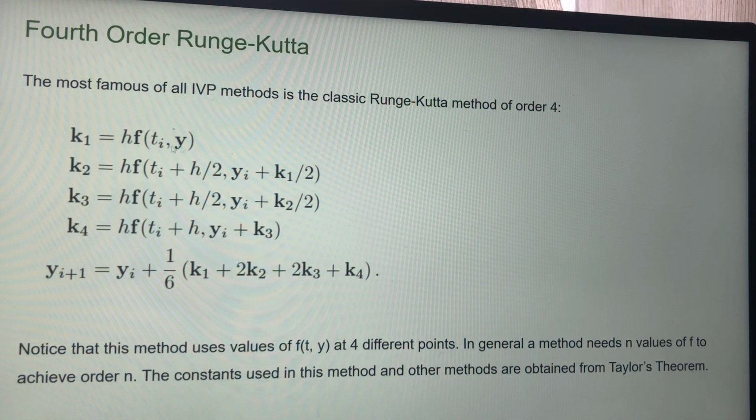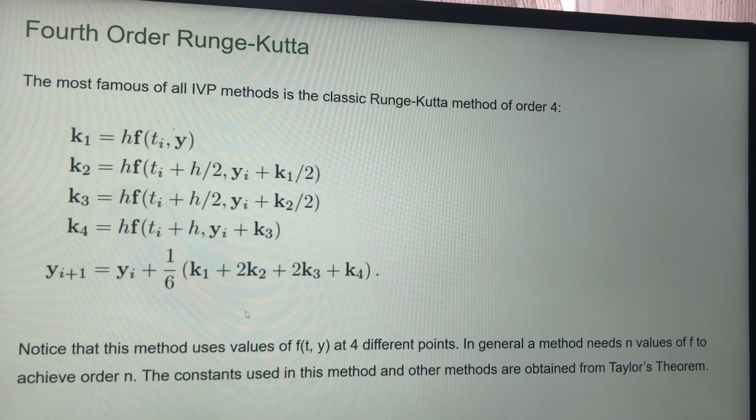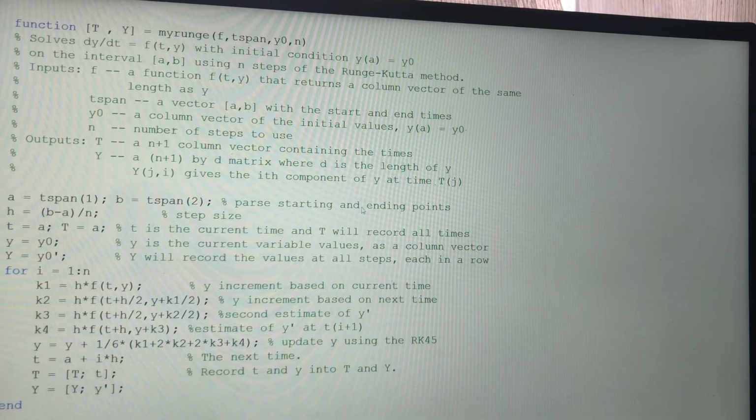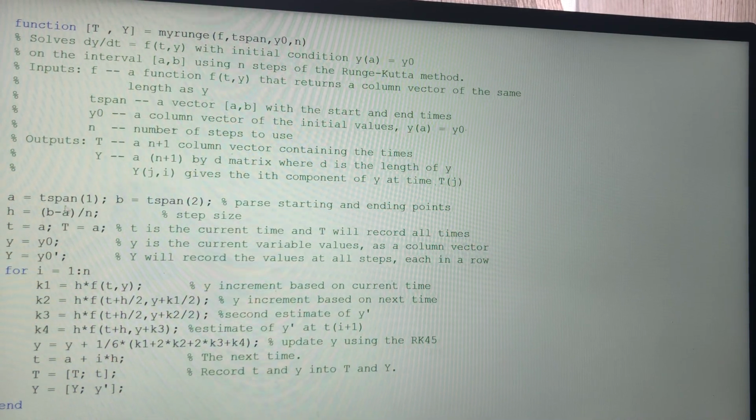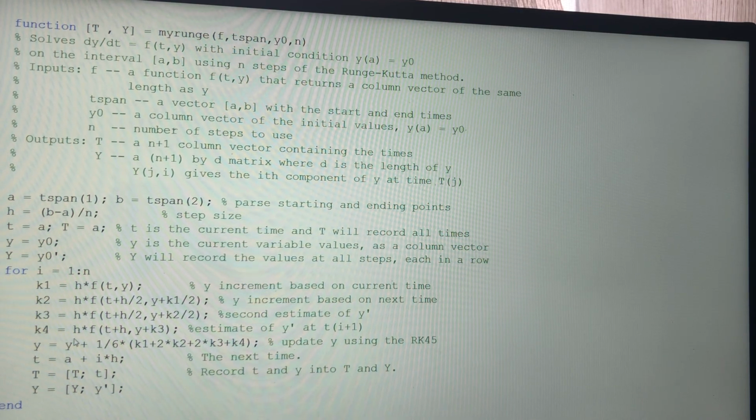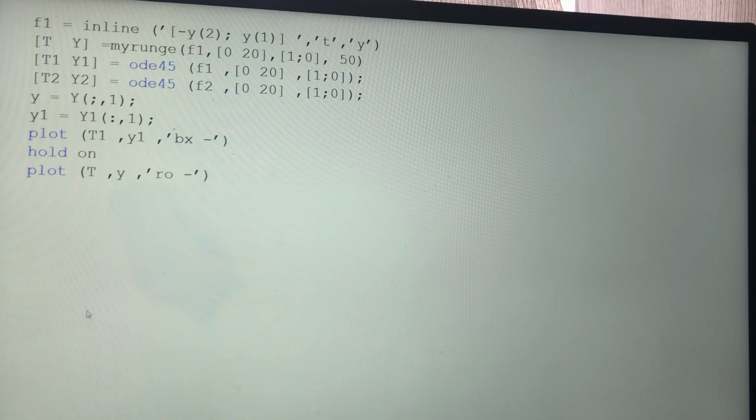Now you are dividing your time steps into smaller pieces, and you are getting a different average for all four points. And this is how you can code it. Again, the idea is the same: we are just defining all the necessary info, and putting it into the loop. Just get this idea, and this is how you can call the program and plot it.